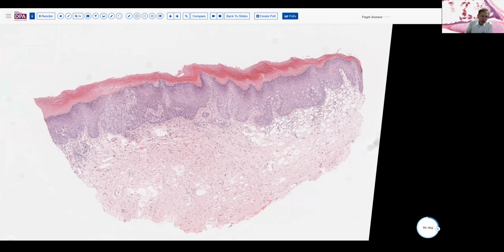It's extremely difficult, and the false negative rate tends to be high, because this pagetoid pattern is partly the result of fixation artifacts and so forth, processing artifacts that we have come to recognize readily. I'm not saying it's impossible to do frozen section on a lesion like this, but for full evaluation of the margin, maybe a Mohs technique might be suitable, but I would not recommend using frozen section to evaluate the margins on this routinely.